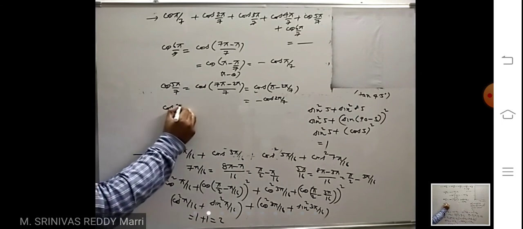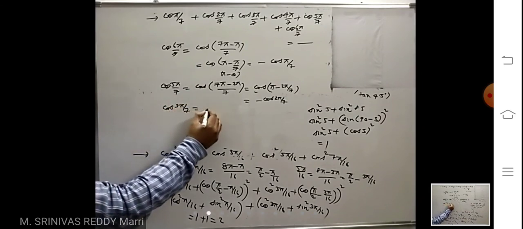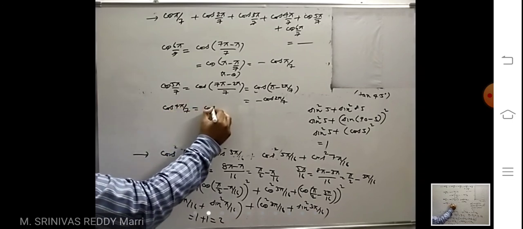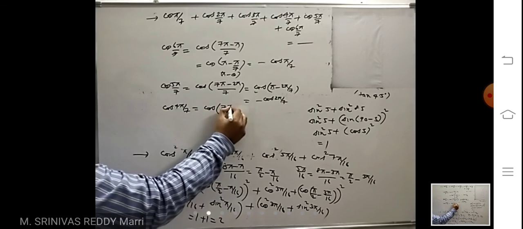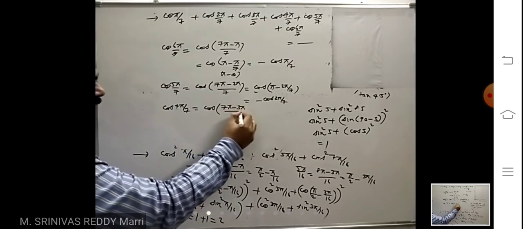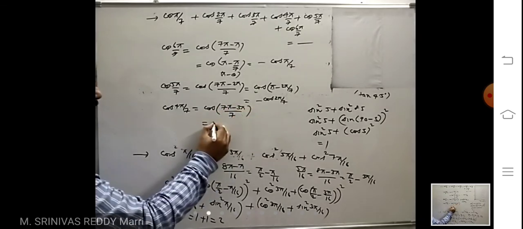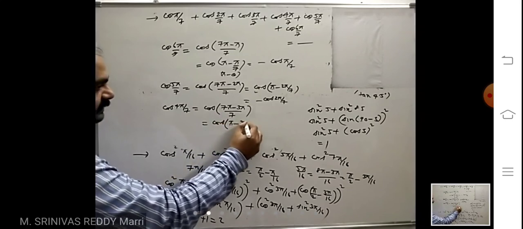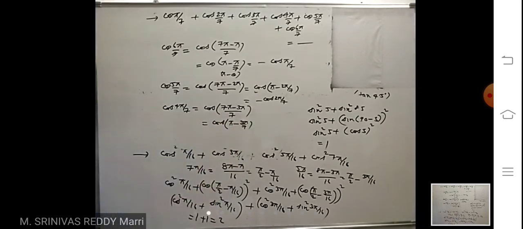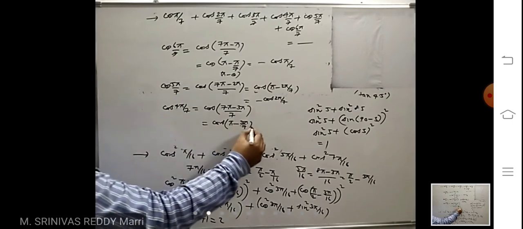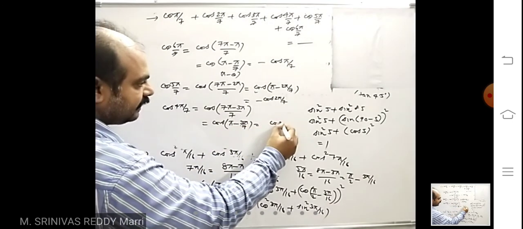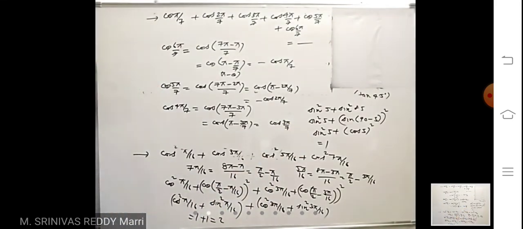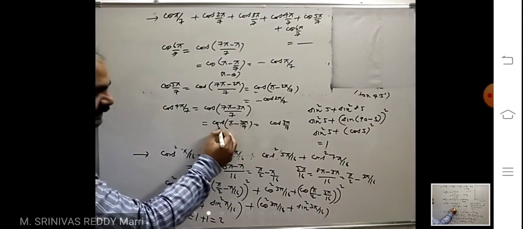If you take 4 pi by 7, you can write 4 pi as 7 pi minus 3 pi by 7. So you can write this as pi minus 3 pi by 7. So this is cos of 180 minus theta, that means cos theta. 180 minus theta is in which quadrant?